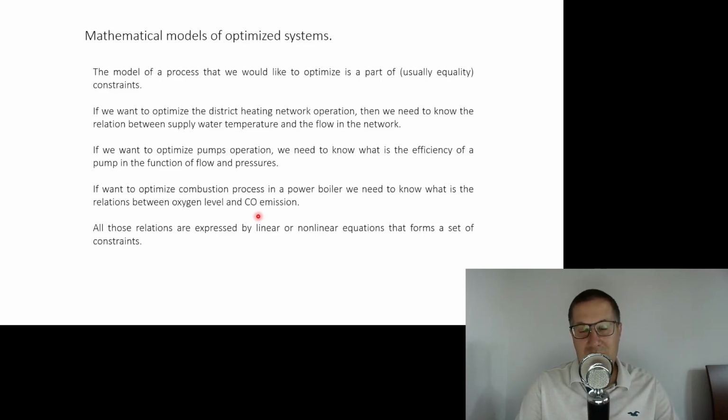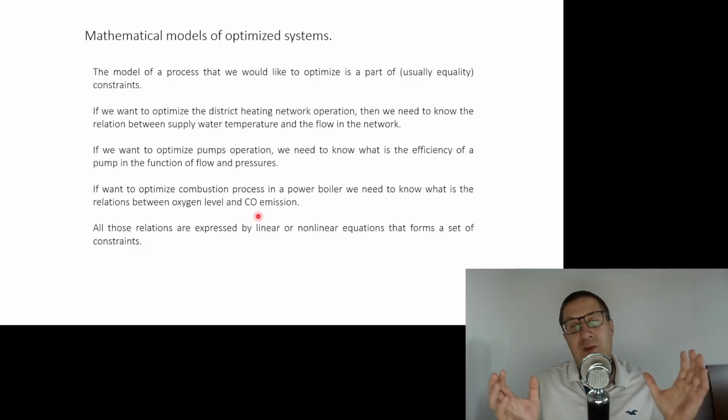But the models of a process are at least part of the set of constraints. And of course, if you would like to use, for instance, the SQP method, sequential quadratic programming, we should create this model in a way that it's twice differentiable, right?